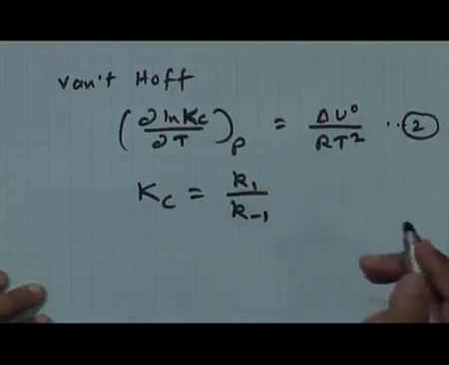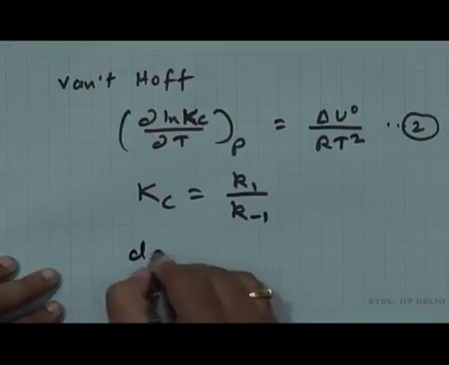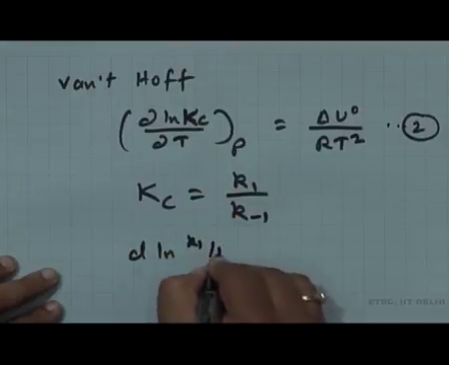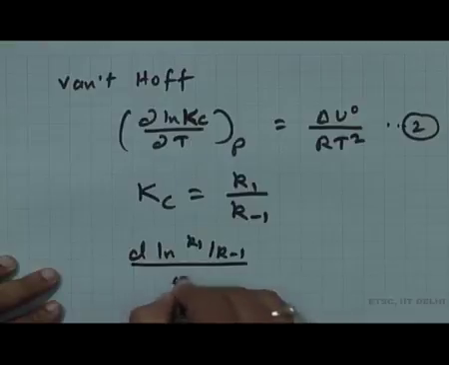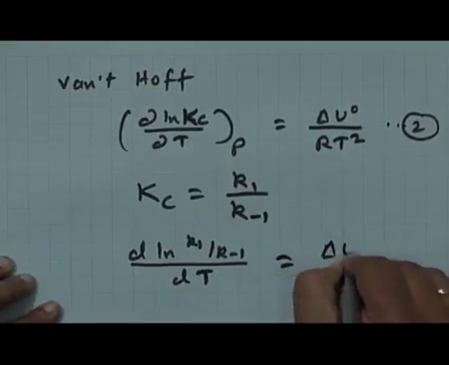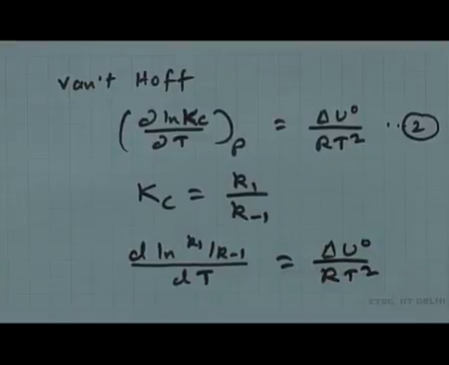So I will remove the partial derivatives, and then I can write d ln of k1 over k minus 1 over dT is equal to delta U naught over RT squared.